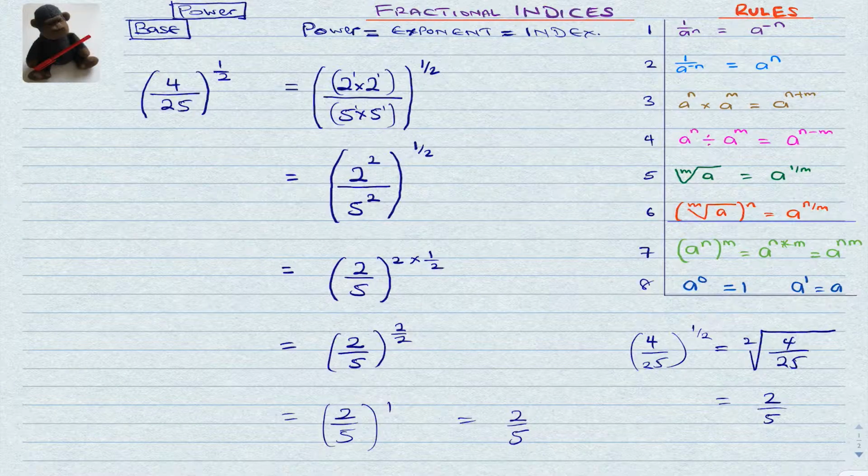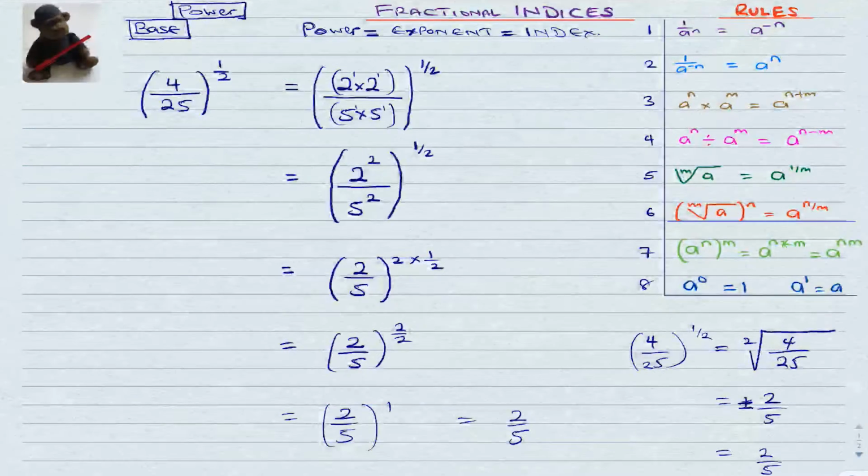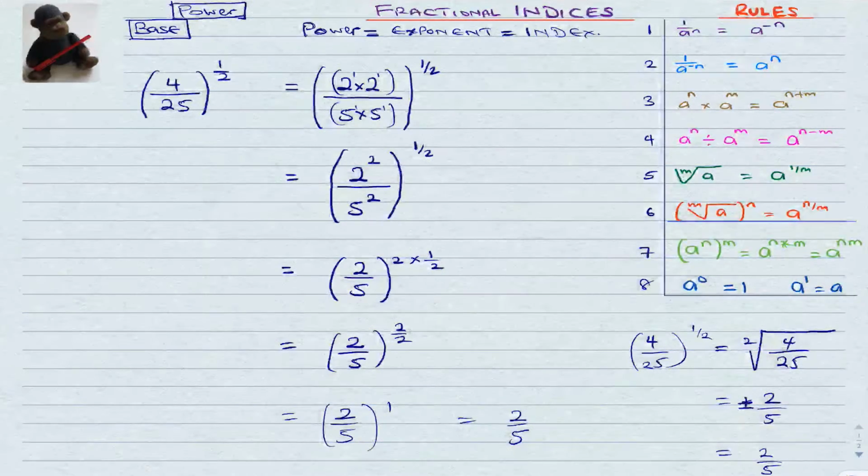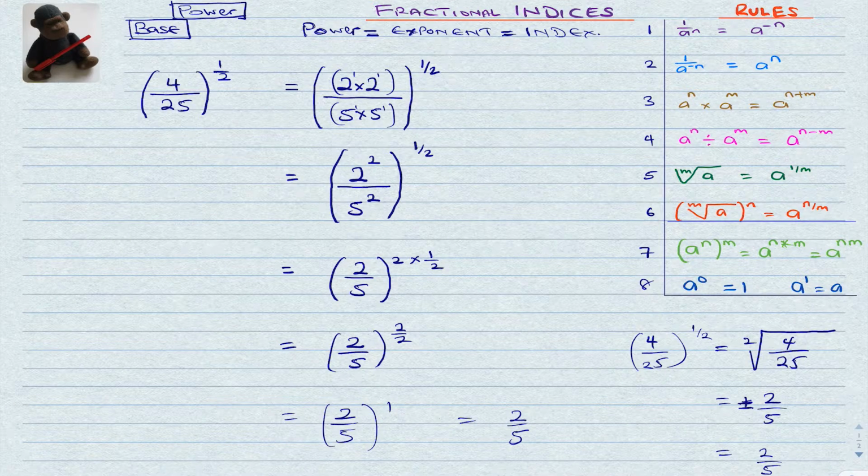In fact, remember, it's always plus or minus 2 over 5. But maybe because in this case we're just looking for the positive value, so we can just write 2 over 5. It only depends on the questions. You have to read the questions carefully. So that's the other way that you could do it.